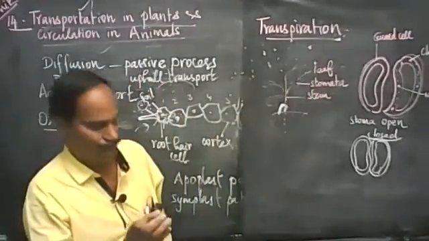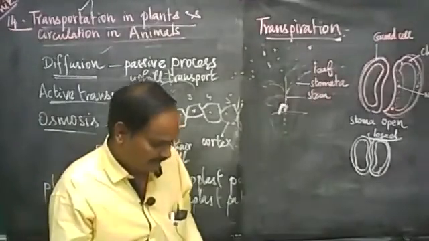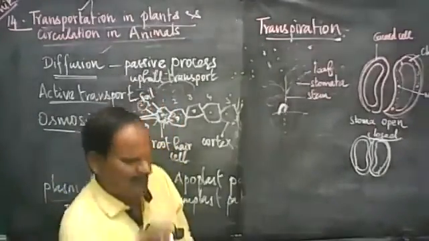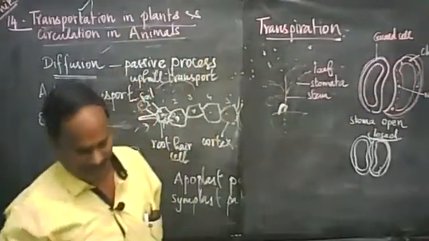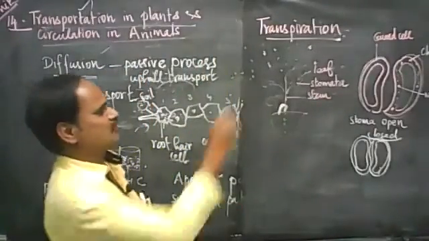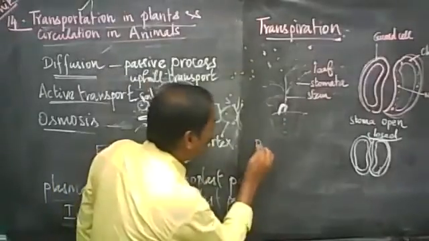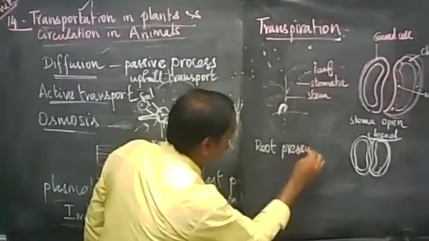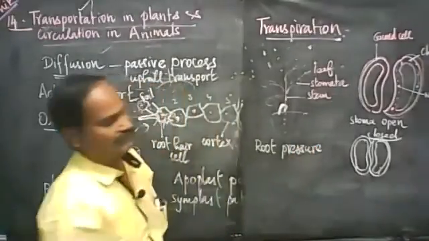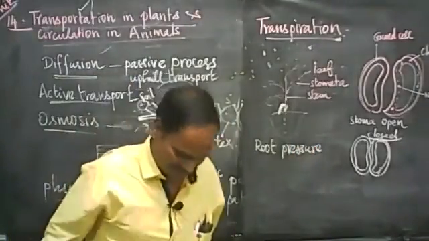As a result of root pressure, what happened? It is pushing water to a somewhat higher level. Now what is called root pressure? This is a 2-mark question. Just note down. Question: what is called root pressure?